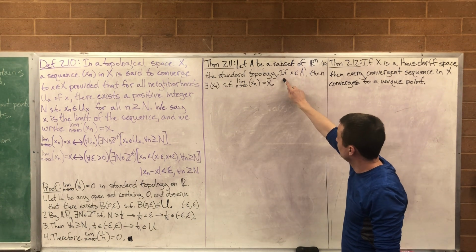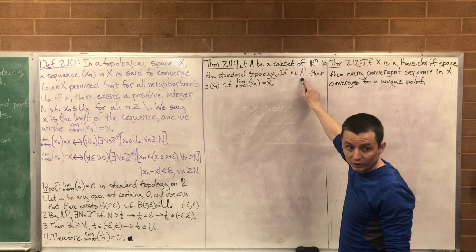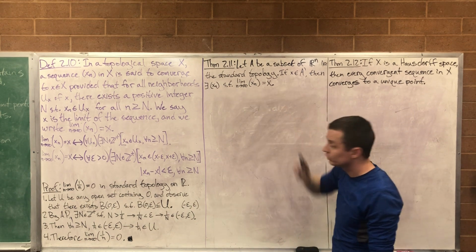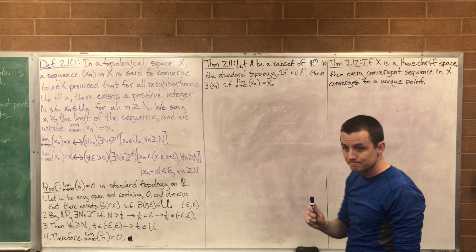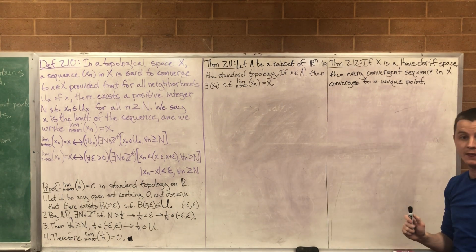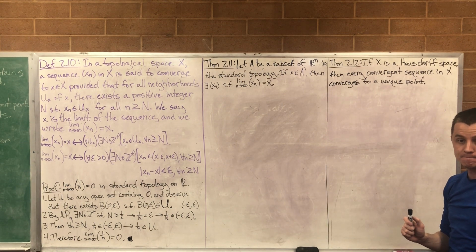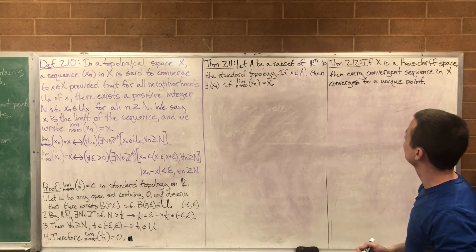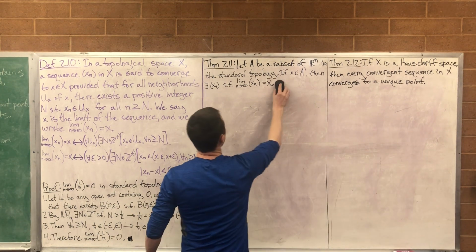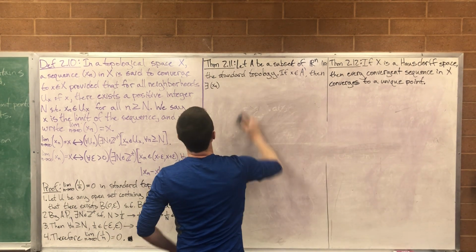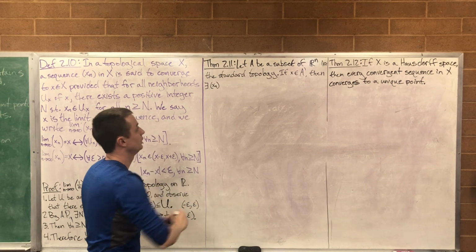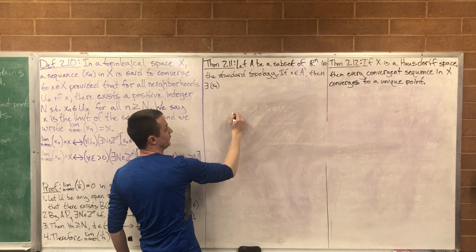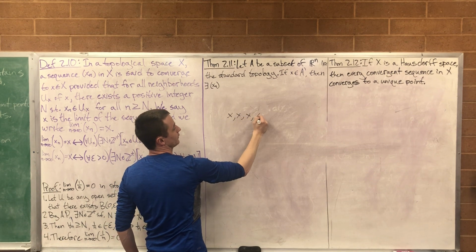What are we going to prove? We're going to prove that if x is a limit point of A, then there exists a sequence in A that converges to that point. Obviously there exists a sequence that converges to that point, because we could just pick the sequence x, x, x, x.